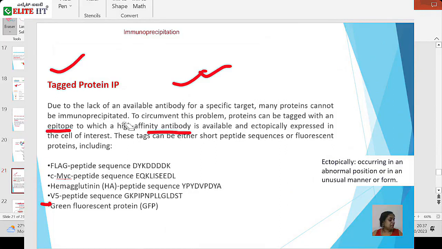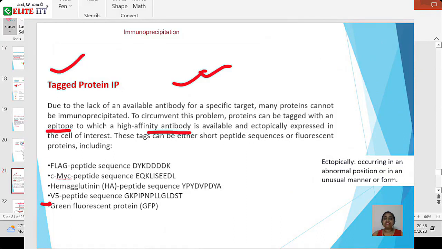The main thing in immunoprecipitation is that you should have an antibody against the antigen you want to precipitate or separate. But in your laboratory, you don't have that antibody. To circumvent this problem, proteins can be tagged with an epitope to which a high affinity antibody is available.